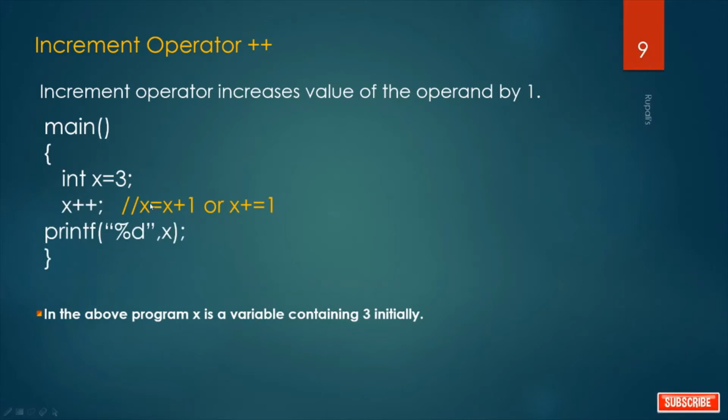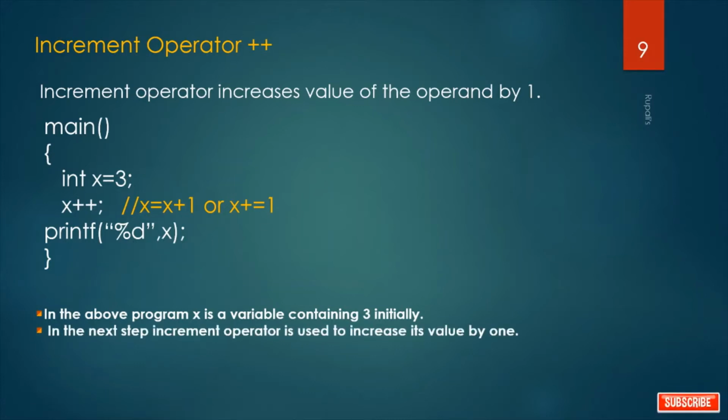It is same as x equals x plus 1, means 3 plus 1 is stored in the variable x, or it is same as x plus equals 1. This is called shorthand operator. We will learn this later. So x plus plus means value of x will be increased by 1. So when I print the value of x, it becomes 4.